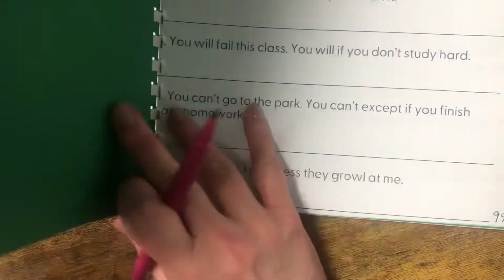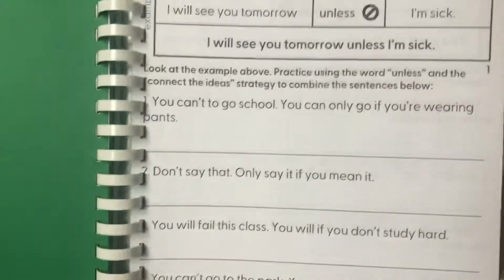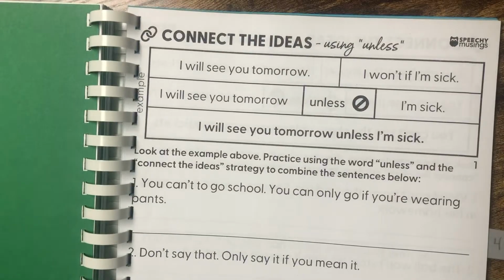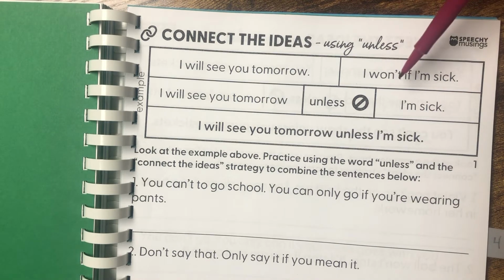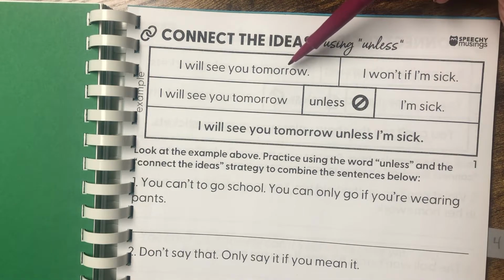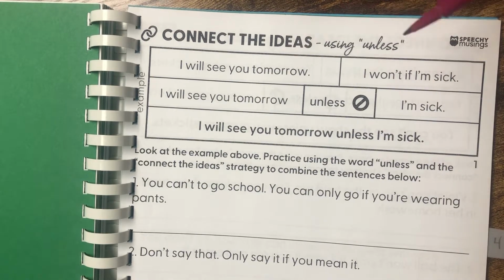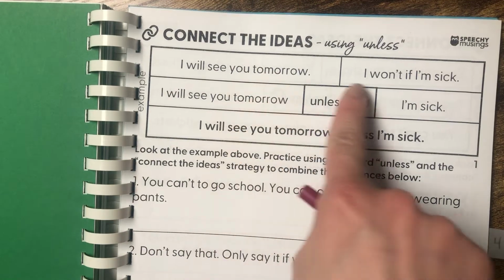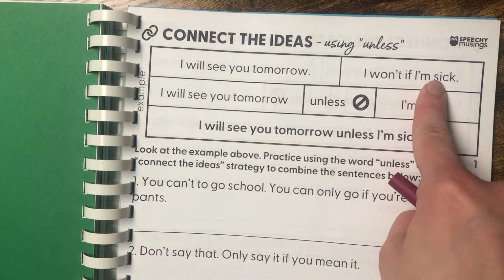So let's go ahead and practice page 99 together. We always can look at the top, and it will give us guidance as to what each page will do. So this first row has the two ideas, or the two sentences. I will see you tomorrow. I won't if I'm sick.